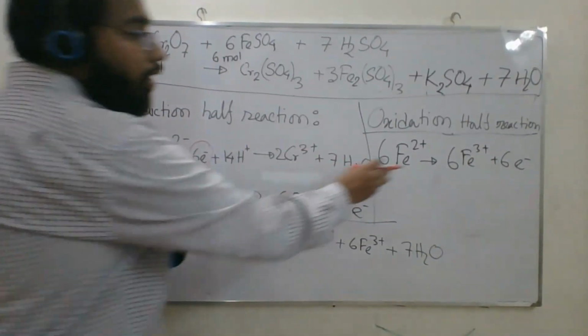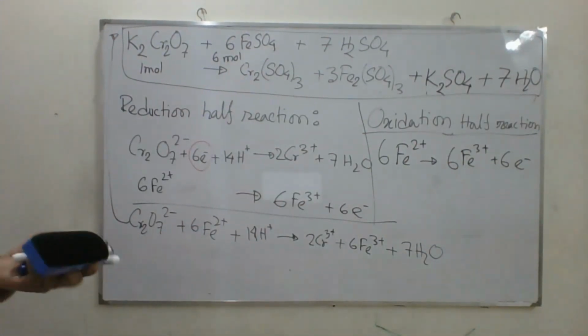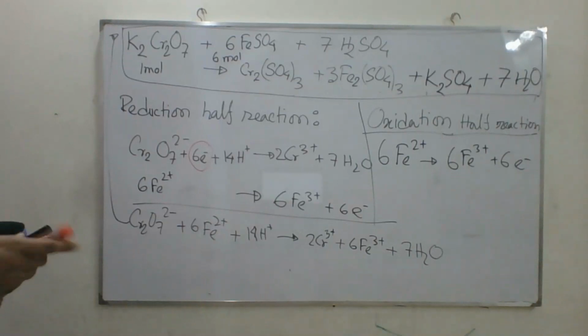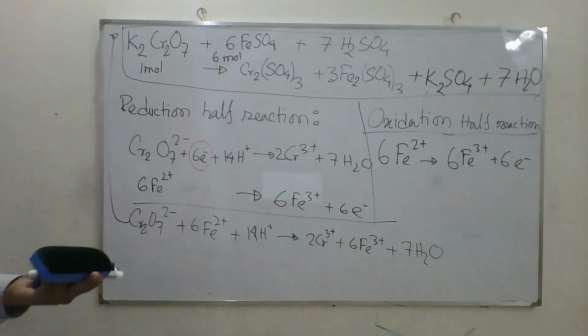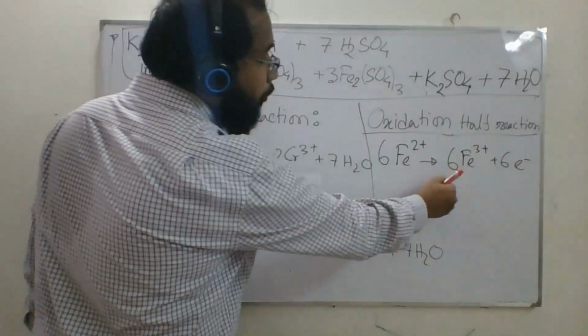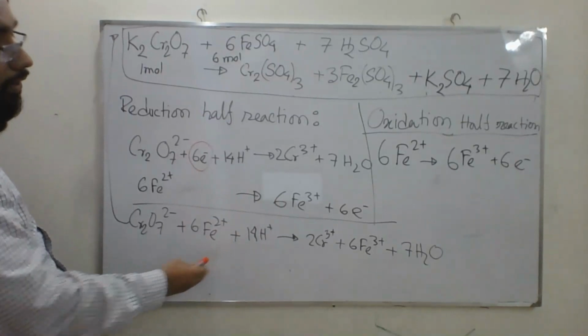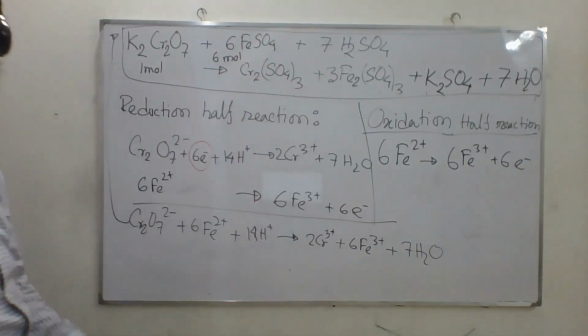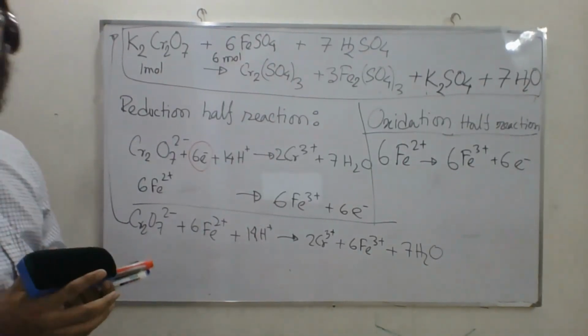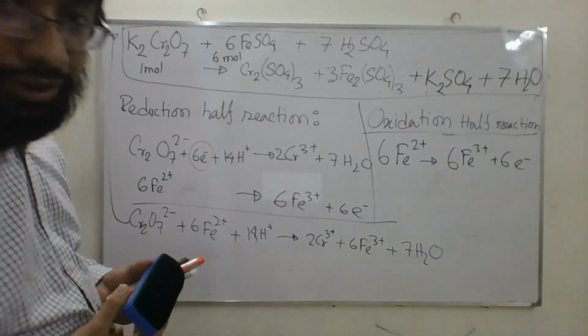If it is lower, then multiply either equation to make the number of electrons equal. Then if the number of electrons is equal, that means how many electrons are needed here and how many electrons are produced here. If it is equal, then just add them together and then provide the opposite ion to them. This is the balancing of oxidation reduction reactions.